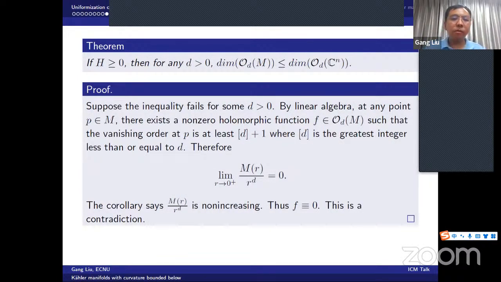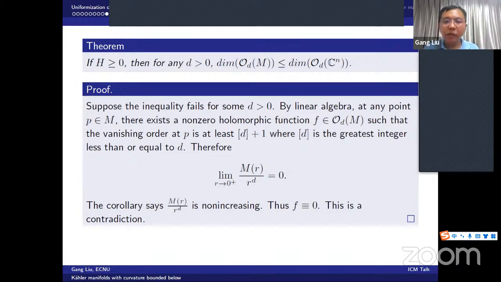Okay, so now let us give a simple argument for the following theorem. If H is greater than or equal to 0, then for any D greater than 0, the dimension of O_D(M) is bounded by the dimension of O_D(C^n). We argue by contradiction. Assume the inequality fails for some D greater than 0.